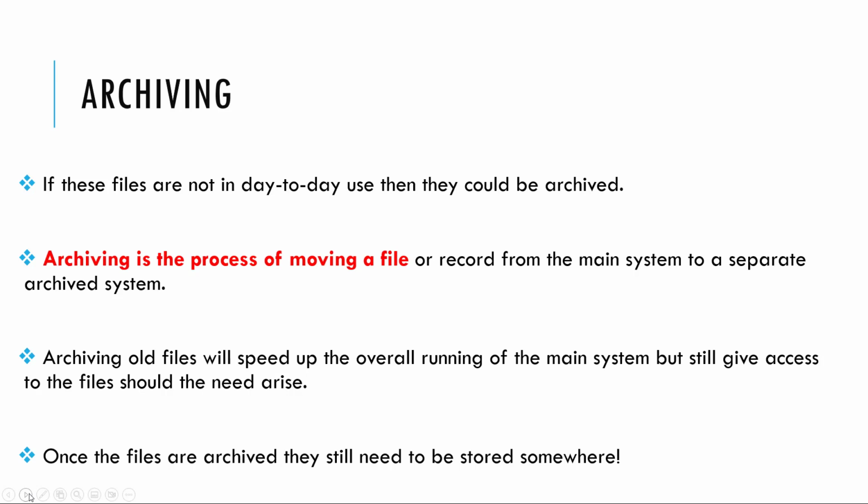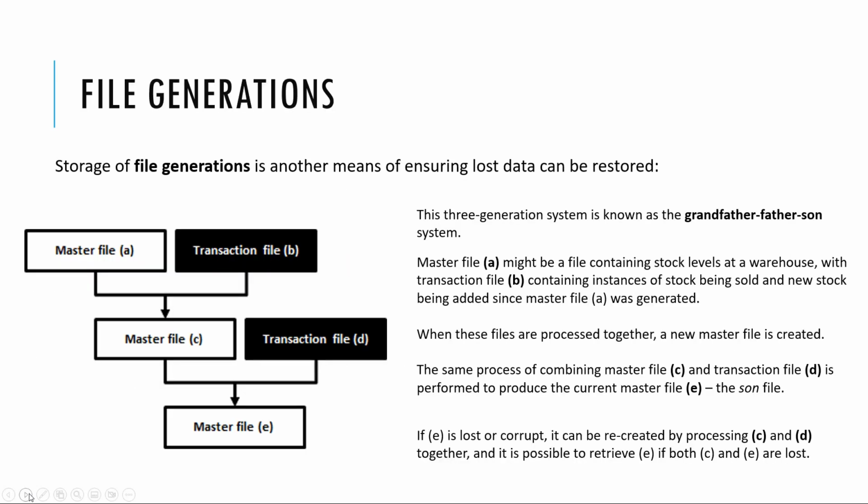And inside this chapter as we go through, we'll talk about file generations as well. So file generations, we take this for granted. We don't even talk about it very much, but you have different generations of file. Things like you've got grandfather, your father, and you've got your son.